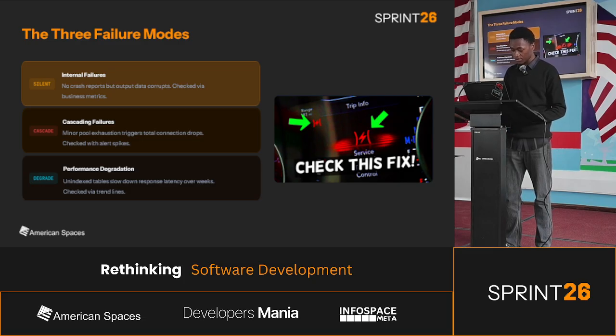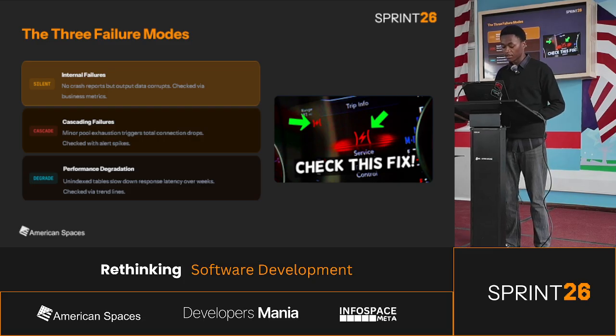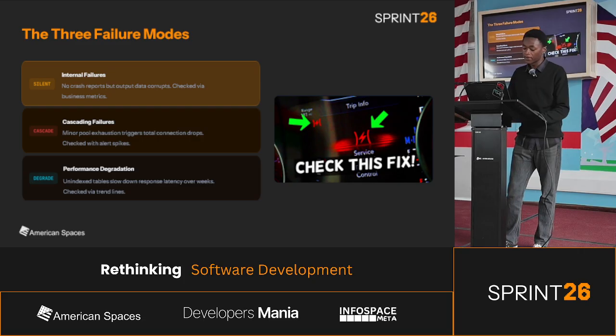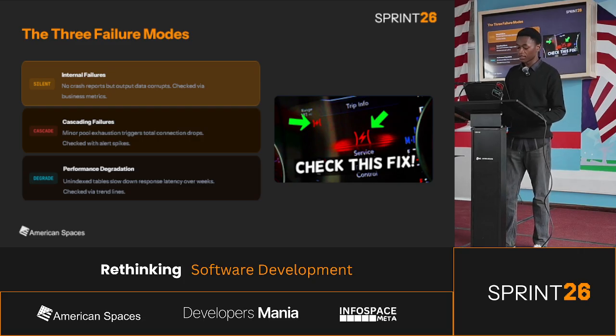You can catch this using trend-based alerts and periodic dashboards, which review real-time alarms. Error rates catch cascading failures. Business metrics catch silent failures, while trend alerts catch degradation failures. And you always need all these 3 types, not just one.